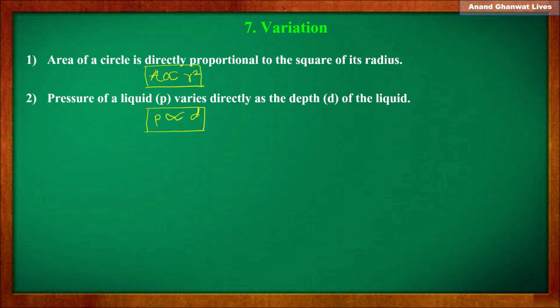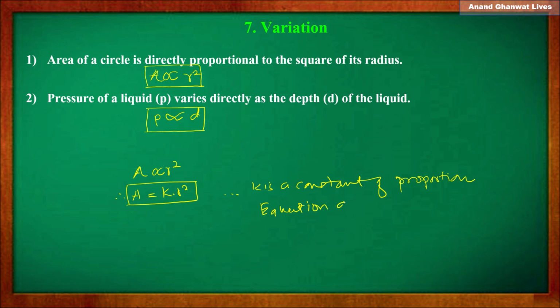Now let us find the constant of variation and the equation of variation. A is directly proportional to R square. Therefore, A is equal to K into R square is the equation of variation, and K is a constant, the constant of proportionality. Also, A upon R square is equal to K, which is another equation of variation.